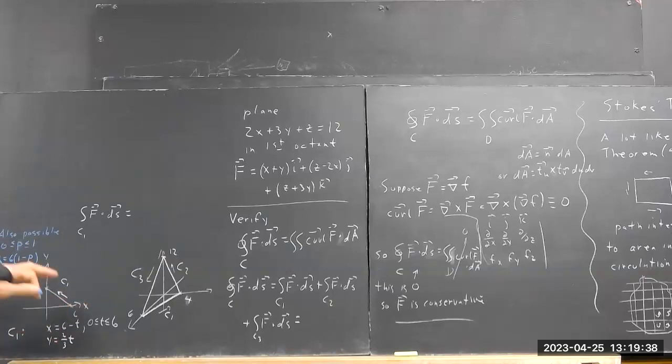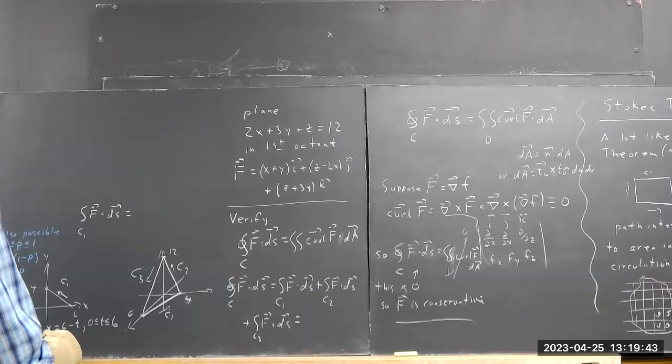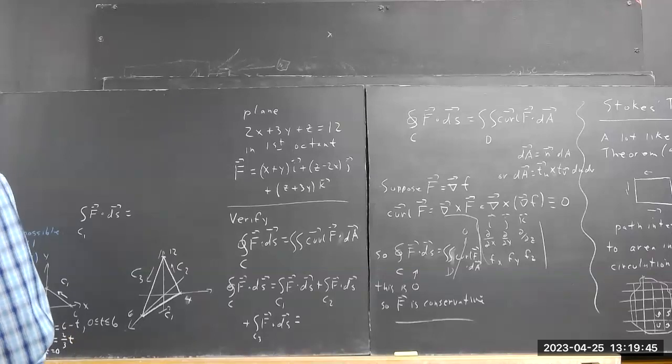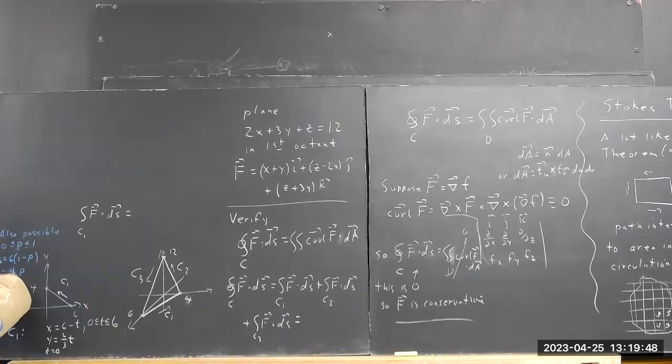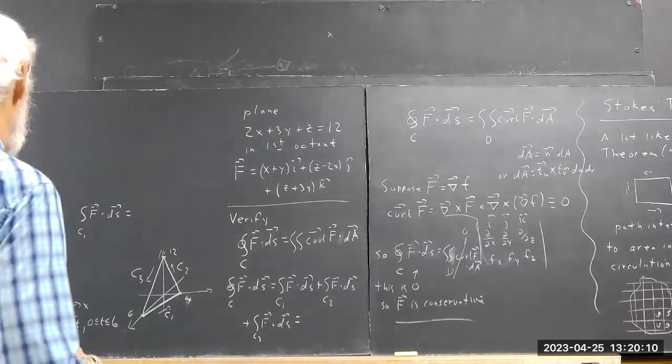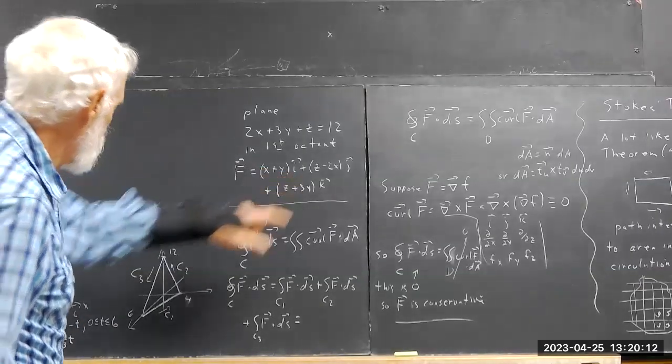Well, you're in the XY plane, so z is going to be 0. Now I'll use this parameterization. This is closer to the way y'all have thought it through. F is x plus y times i.